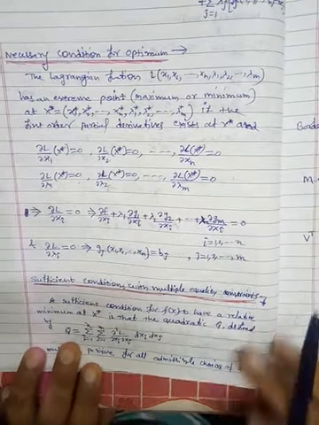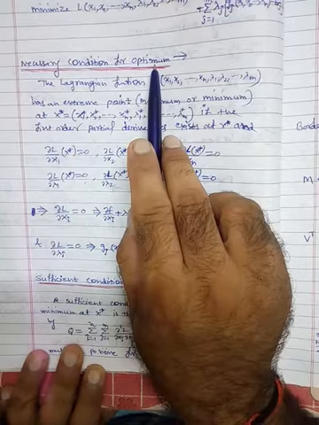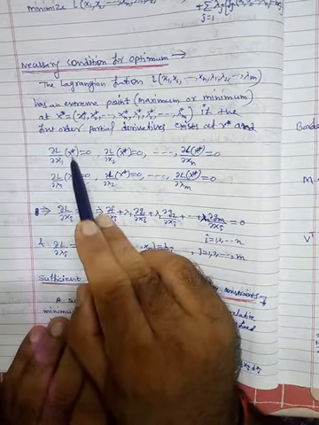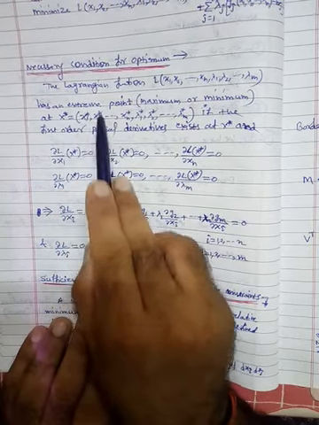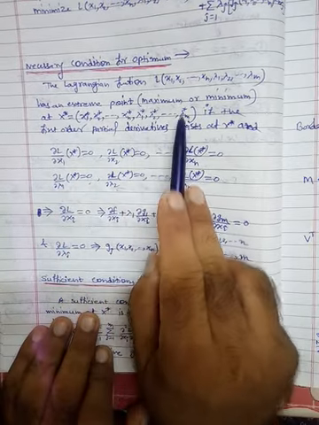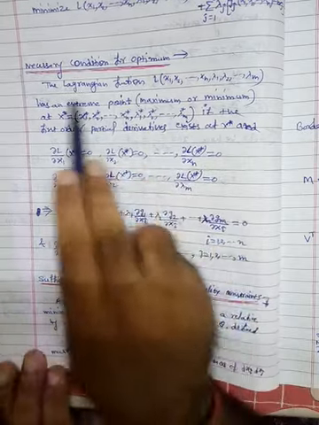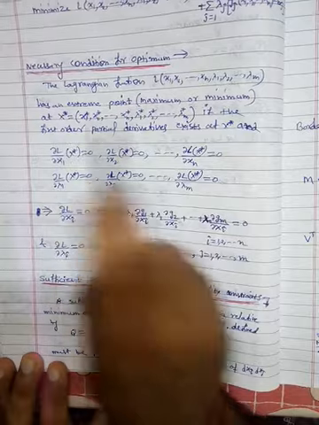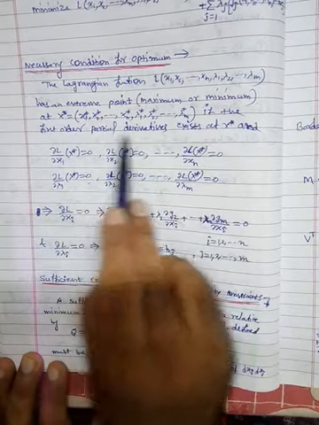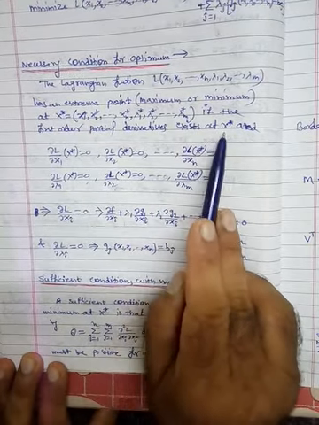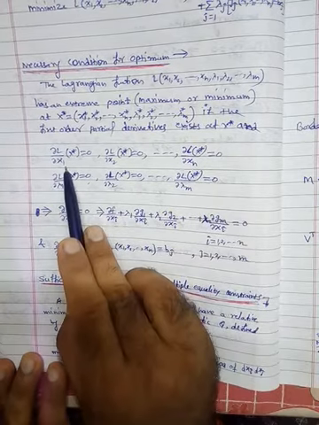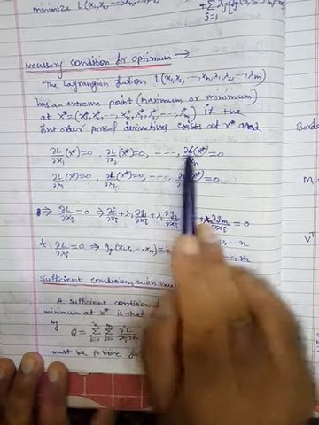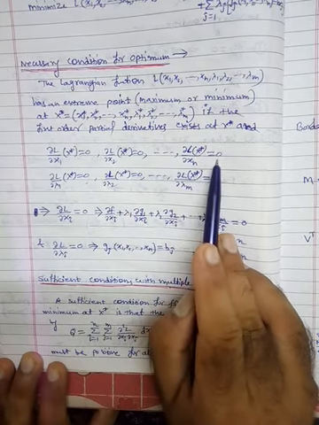Now here first are the necessary conditions. Necessary condition means del L by del x1 at x star, where x star is this point, x1 star, x2 star, xn star, lambda 1 star, lambda 2 star, lambda m star. So the Lagrangian function has an extreme point, maxima or minima, at x star if the first order partial derivatives exist at x star, and del L by del x1 at x star is equal to 0, del L by del x2 at x star is equal to 0 and del L by del xn at x star is equal to 0.